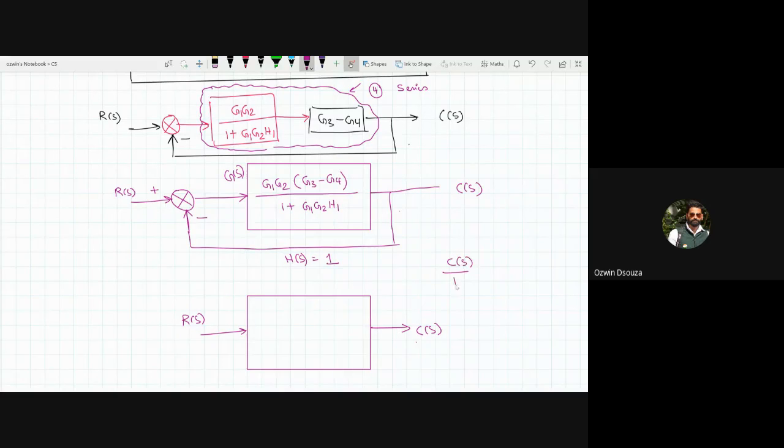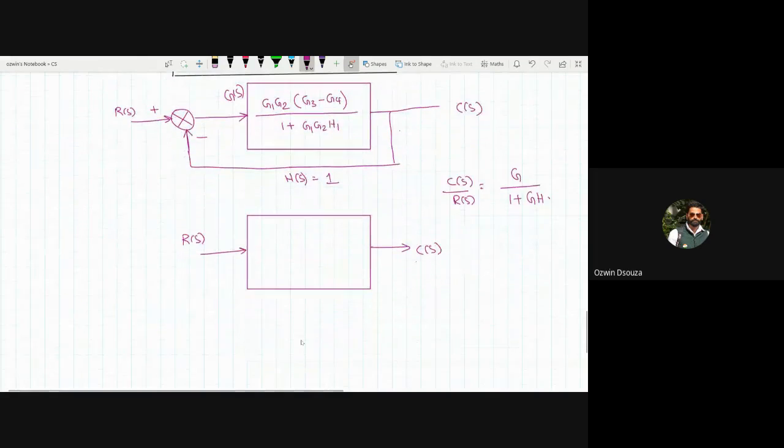C of S by R of S is nothing but G divided by 1 plus GH. Okay, so let me write it here. So C of S by R of S is equal to G of S. So G of S is this whole term, right?